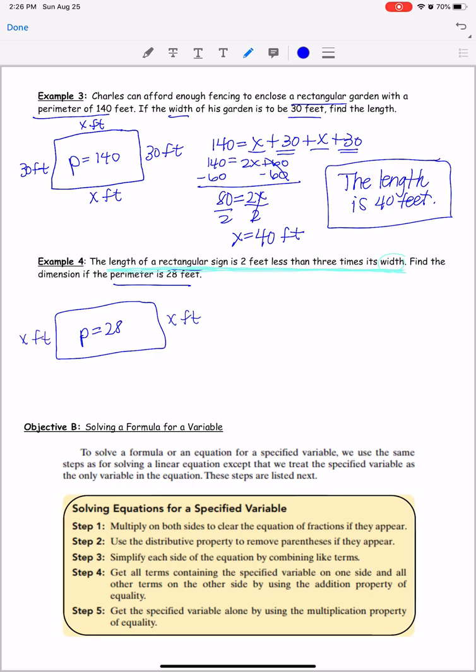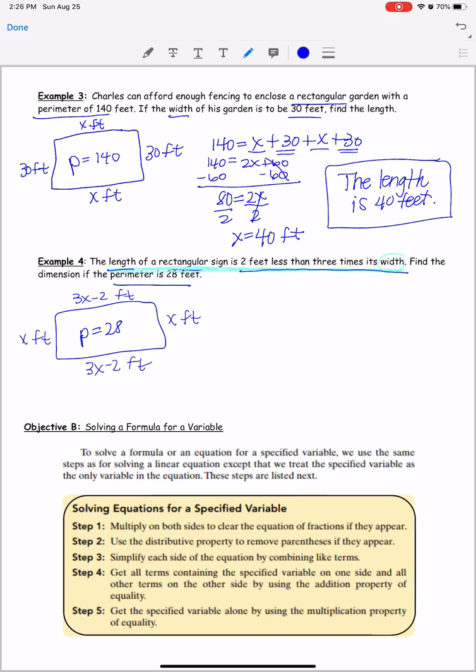So then how do I represent that the length is 2 feet less than 3 times the width? So 3 times the width would be 3x. But it's not just 3 times its width, it's 2 feet less than 3 times. So minus 2. And that's my feet.